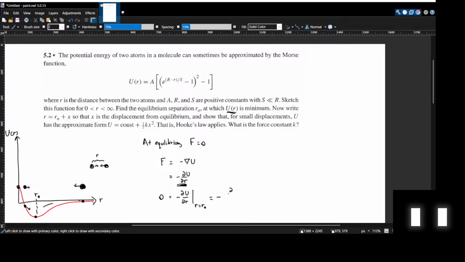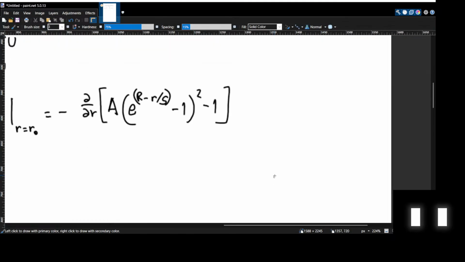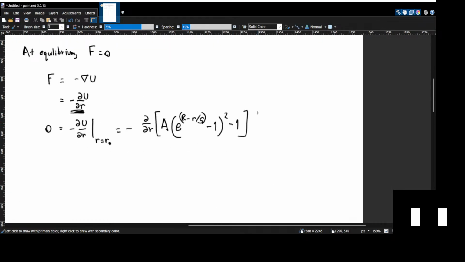It's going to be the partial derivative with respect to R of A times (e to the R minus R over S, minus 1) squared, minus 1. And then we evaluate it at R equals R naught.